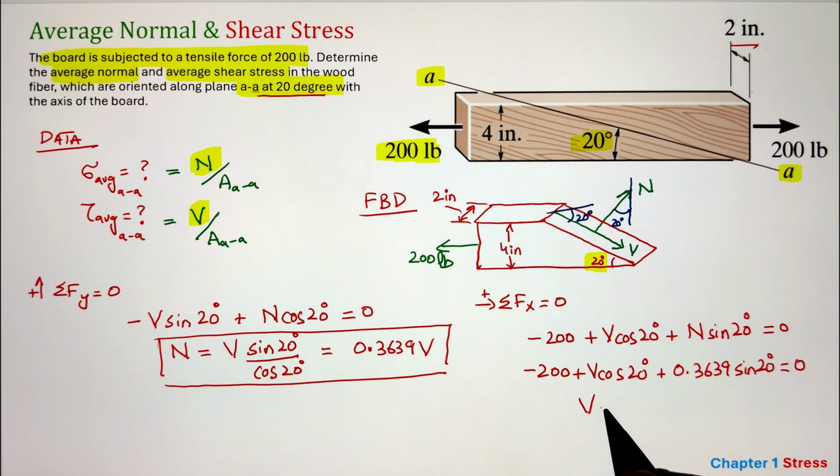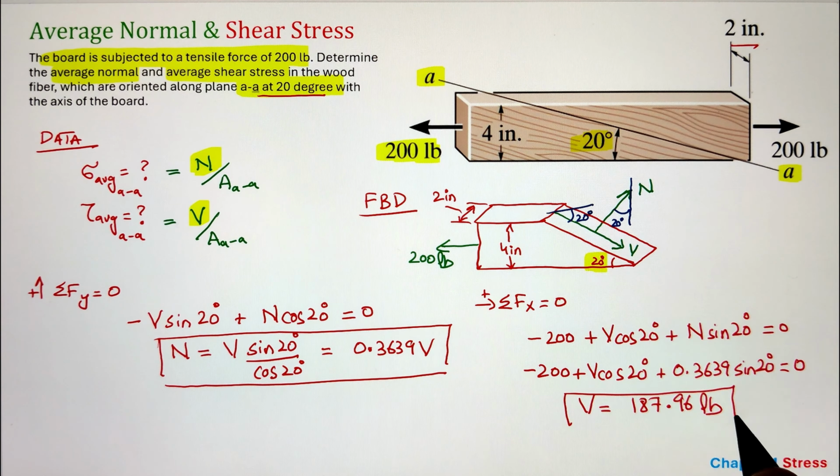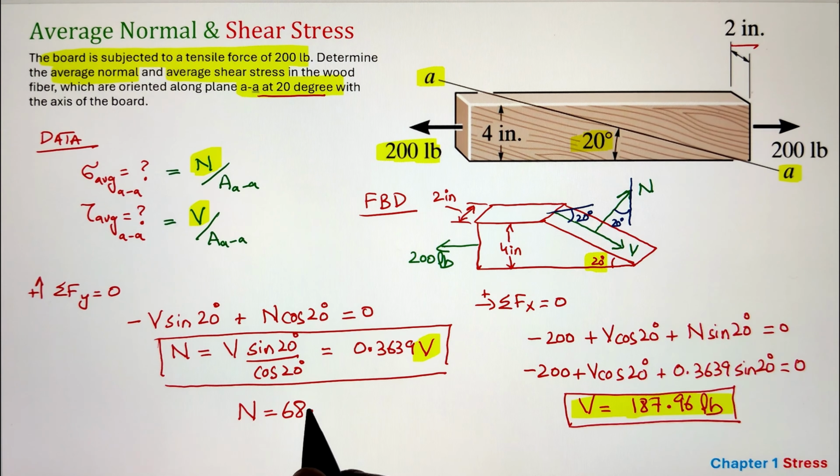So adding them all together and replacing the value of N from our first equation in this equation, we get our value of shear force as 187.96 pounds. Now, once we have this value, we can plug it back in our initial equation and solve for the normal force, which is coming as 68.4 pounds.